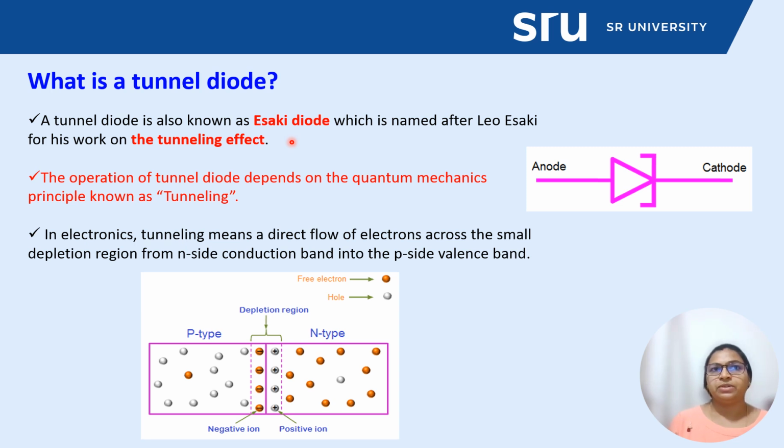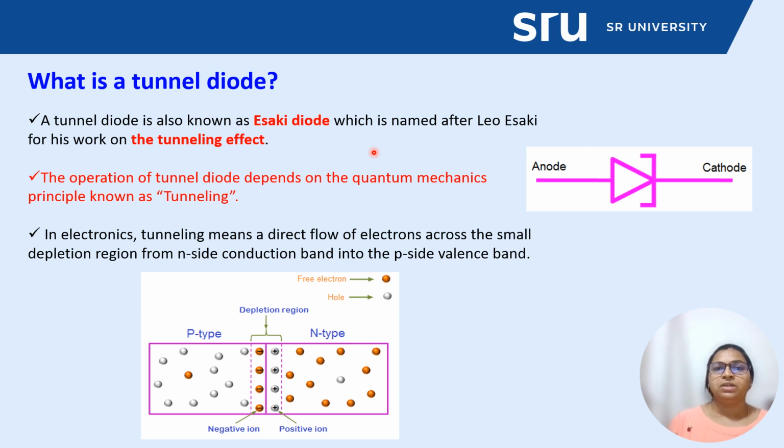So the tunnel diode is also known as the Esaki diode after his name, Leo Esaki, based on the tunneling effect. The operation of the tunnel diode depends on a quantum mechanics principle known as tunneling.